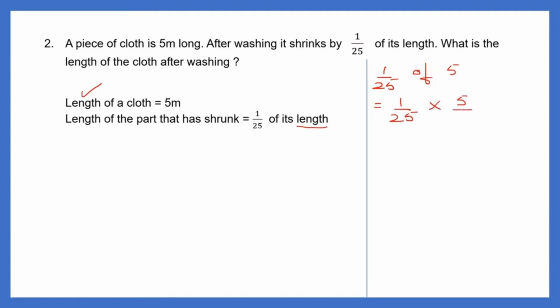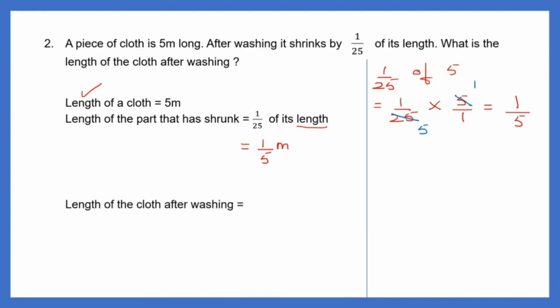We'll make it a fraction by 1. Now we have multiplication of fractions. In multiplication, we cancel. 5 ones are 5, 5 fives are 25. Now we multiply the numerators. 1 ones are 1 and 5 ones are 5. So I have got the length of the part that has shrunk. That is 1/5 meters.